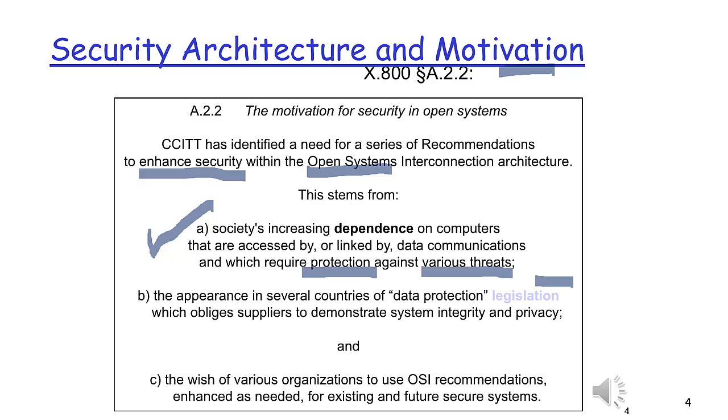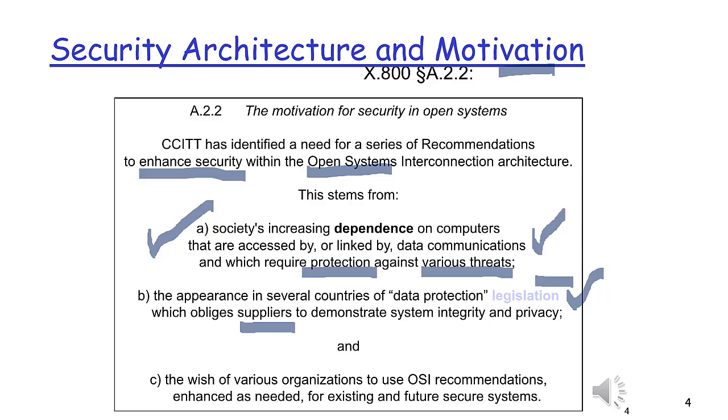So the deliverer, let's use that rather than the term supplier, of a secure enterprise needs to take into consideration the risks and the legal ramifications of its systems. And this is some marketing from ITU: there are a number of standards, but open systems are generally very popular, and should be.